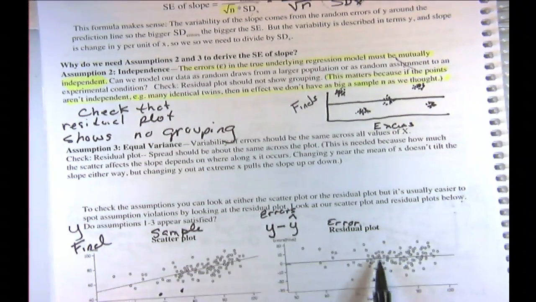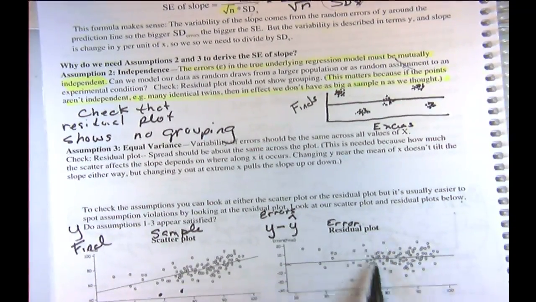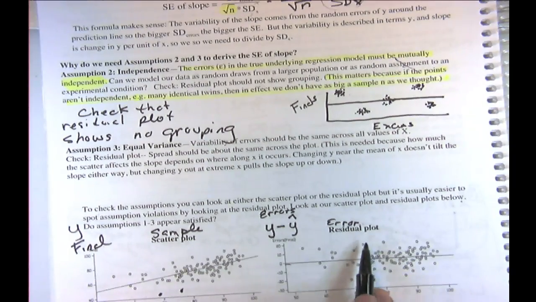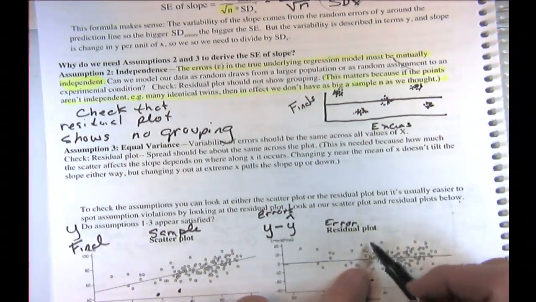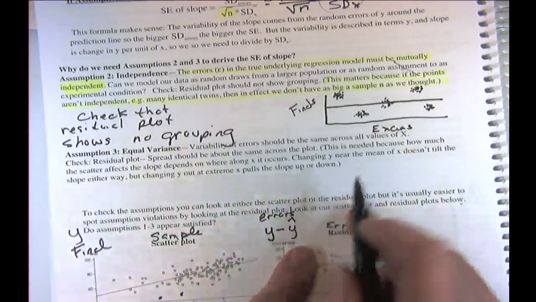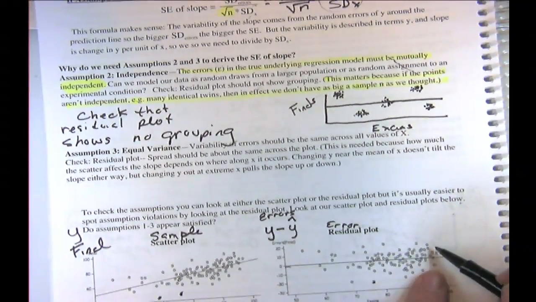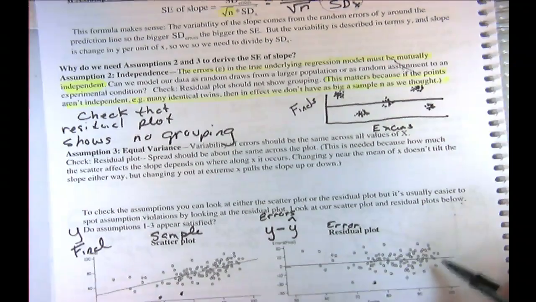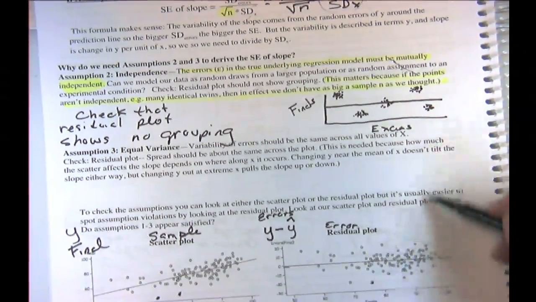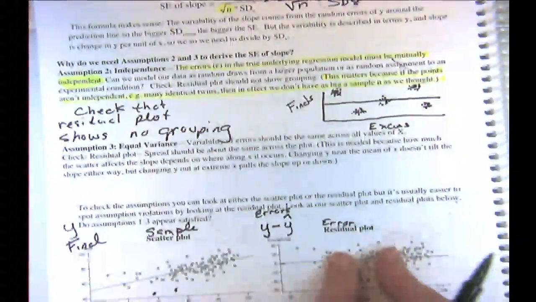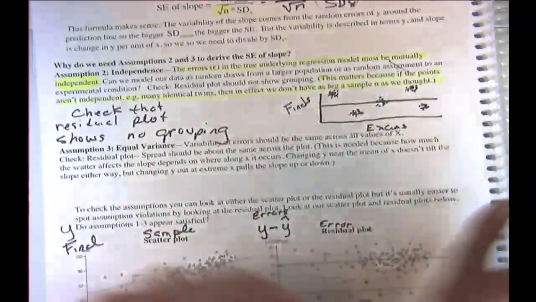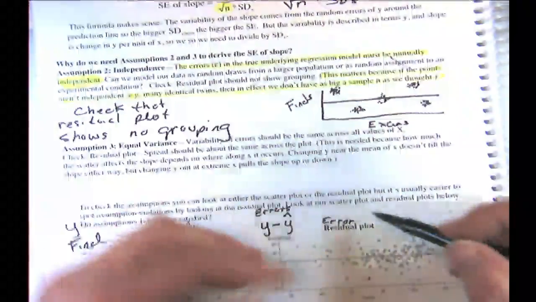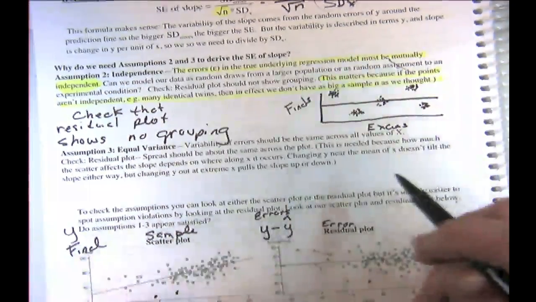Changing y, if y has some error here, like if you get different y values just by the luck of the draw in the middle, it's not going to affect the tilt of your slope as much as if you get them out at the ends. Like if in the population there's a wide variation at either end, far away from the mean, well, just by the luck of the draw, you can get points way up here, and it's going to tilt things more. Whereas if you get them right in the middle, it's not going to affect it as much.